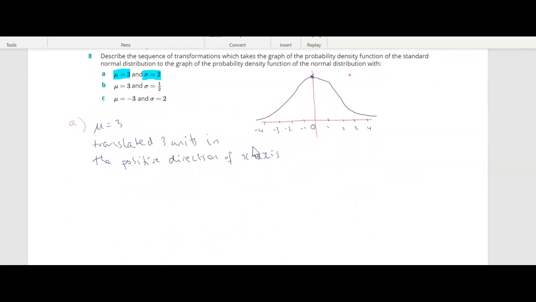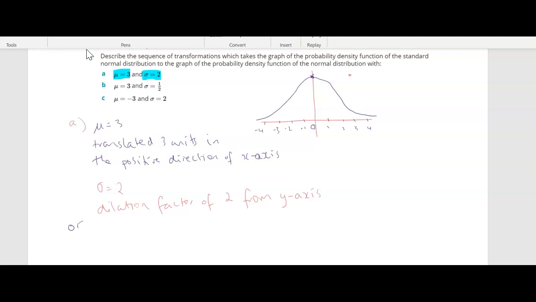All right, and then your standard deviation, oops, change color. We've had a dilation factor of 2 from the y-axis. If you want to, you can say the same thing, but from the x-axis.